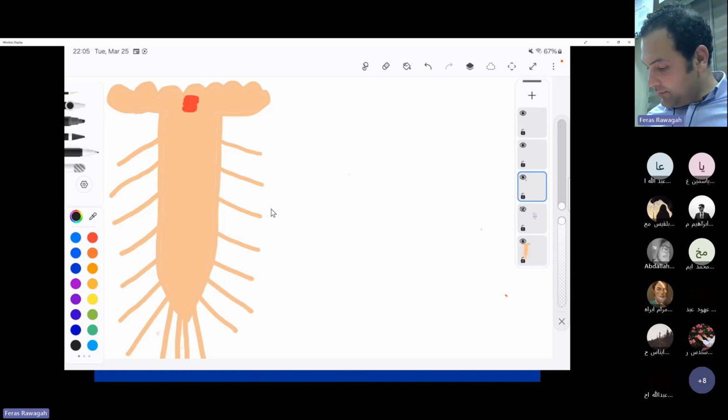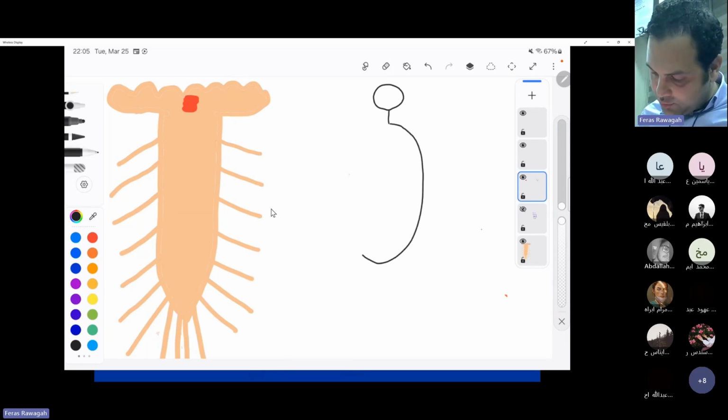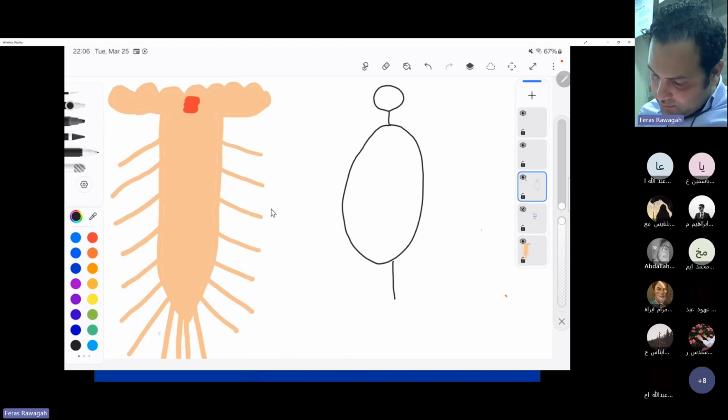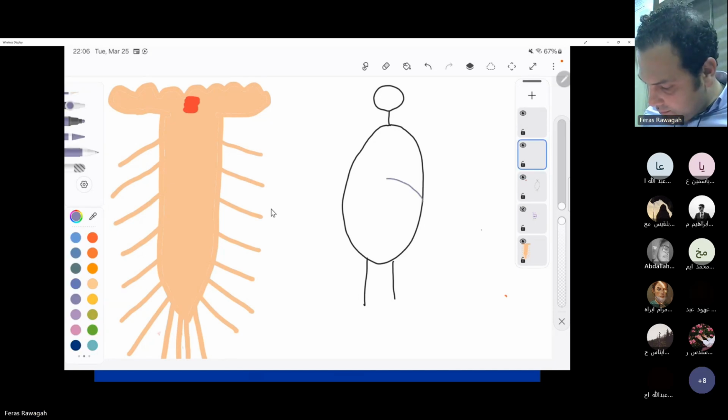Suppose that this is the head, this is the neck, this is the chest and the abdomen, and those are the legs. Okay, this here is the diaphragm.